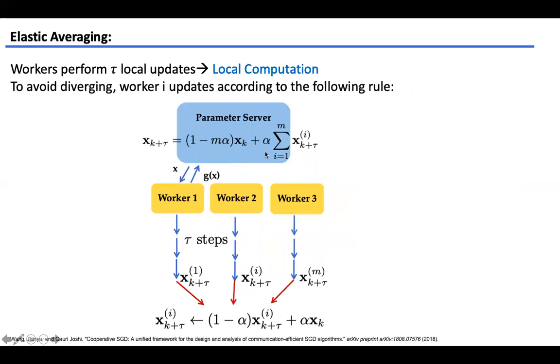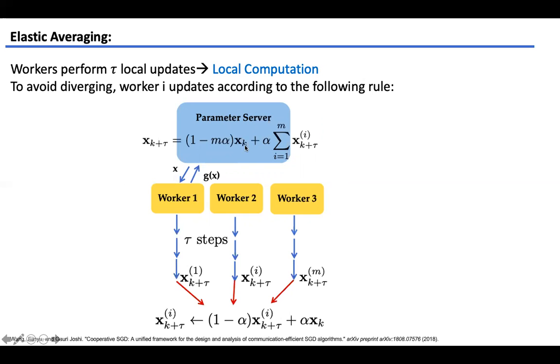However, one issue with the local SGD we described here is that by performing a number of local SGD steps before sharing the model, tau, the number of local steps, can highly affect the convergence guarantees of the algorithm, because the difference between the new model and the previous global model may grow so large, and that may lead to divergence of the algorithm.